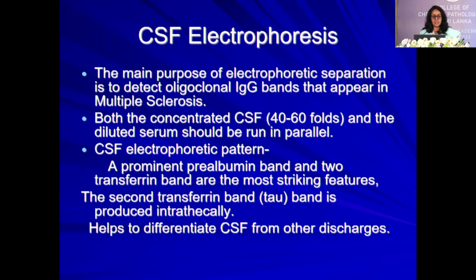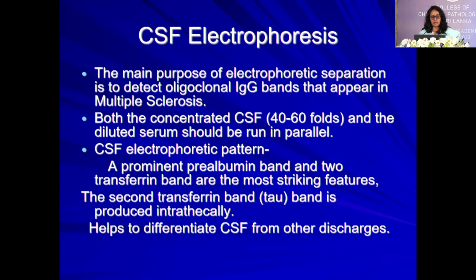A prominent prealbumin band and two transferrin bands are the most striking features. The second transferrin band, called the tau band, is produced intrathecally. This helps to differentiate cerebrospinal fluid from other discharges.